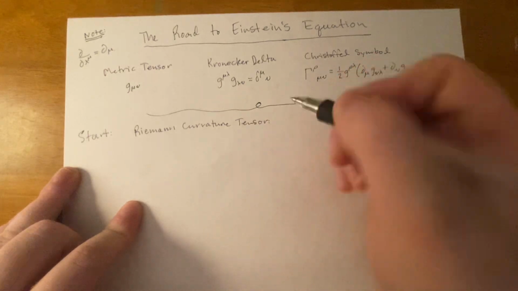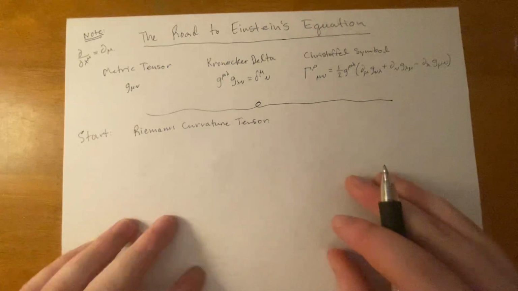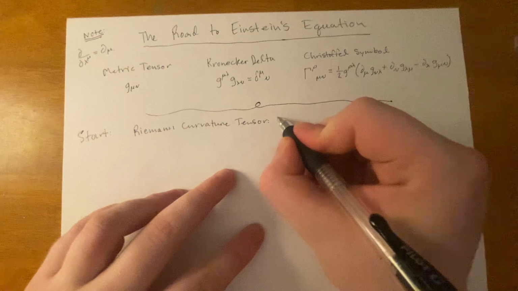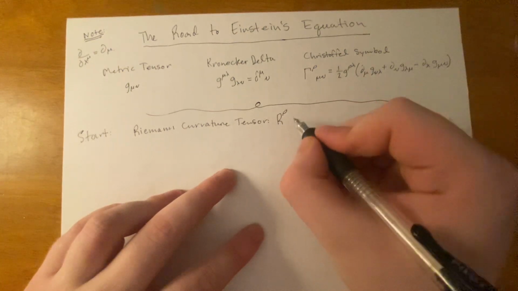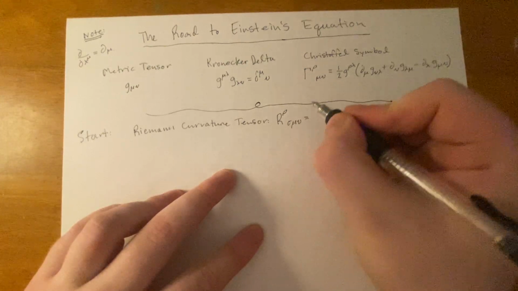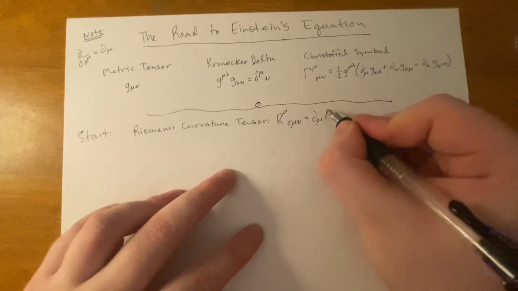And it looks like the following. It's a bit long, but at this point, I think you should kind of be used to that. So we have 4 indices on this. So we take partial mu of gamma.